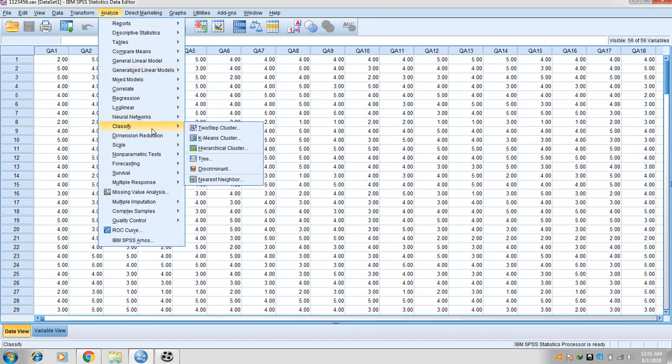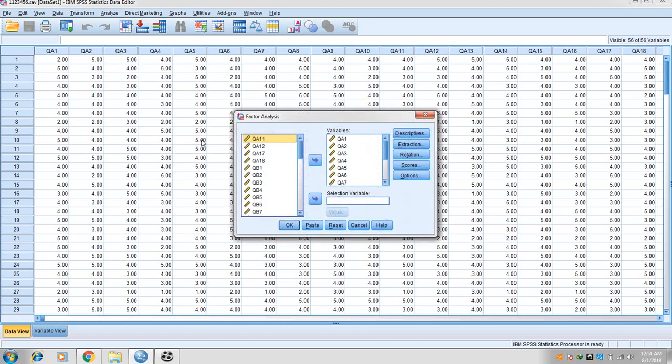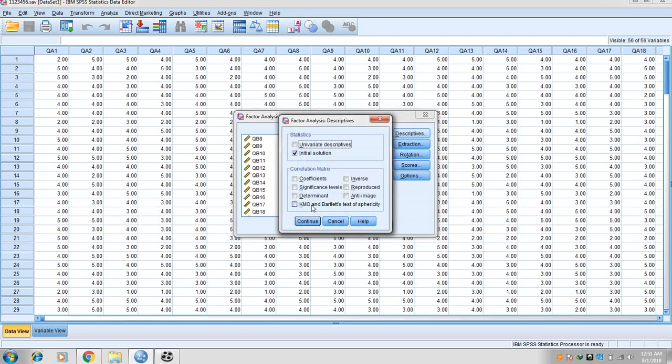Go to Analyze, go to Dimension Reduction, and Factor. We have to reset this one, then bring all the 18 items into your variable box. First of all, go to Descriptive Statistics. We need to calculate the KMO and Bartlett's test of sphericity.